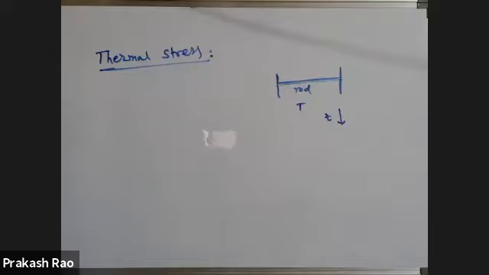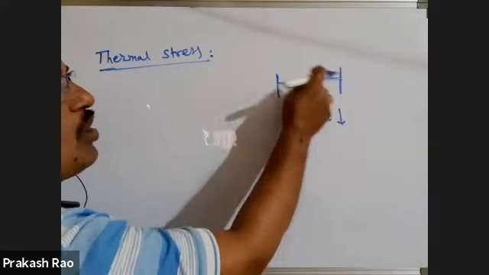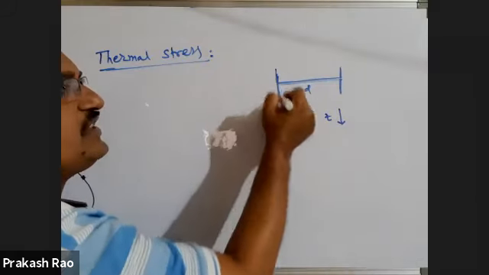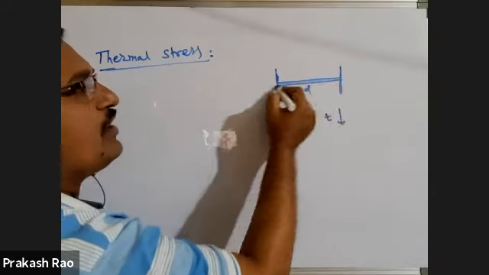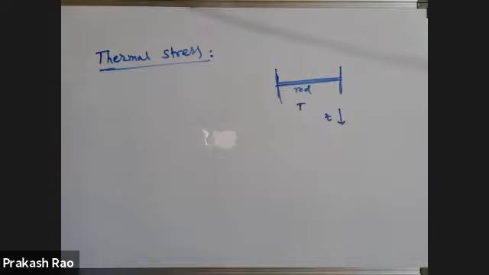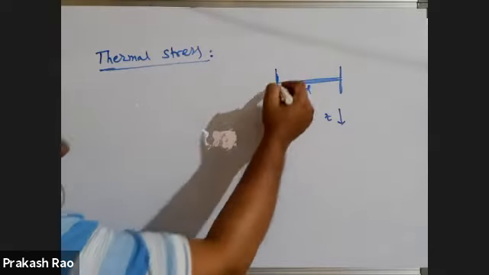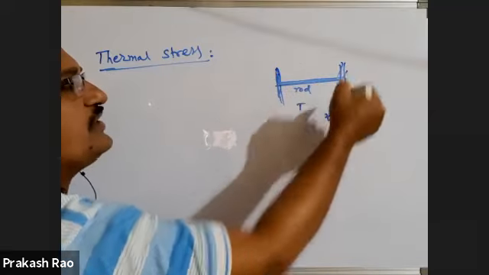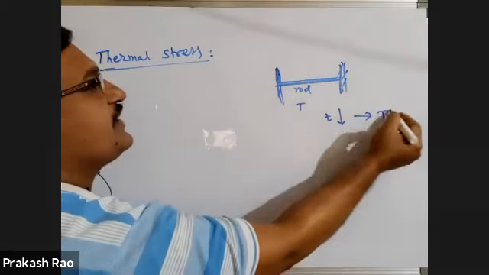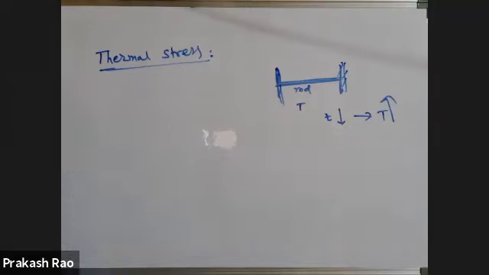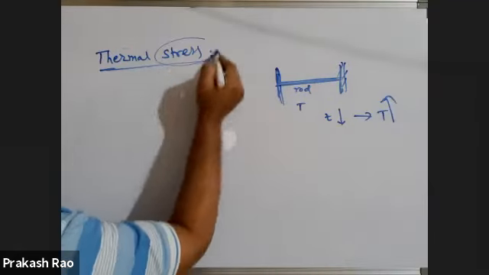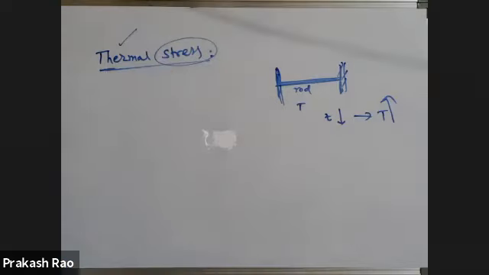When temperature decreases, the rod, because it is made of metal, undergoes contraction. But these rigid supports do not allow free contraction or free expansion. As the rigid supports do not allow contraction, the tension in the rod increases.